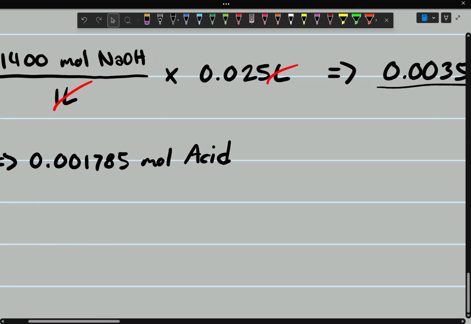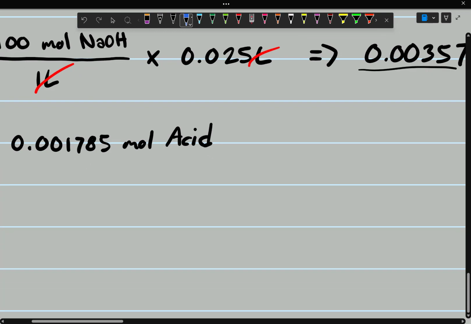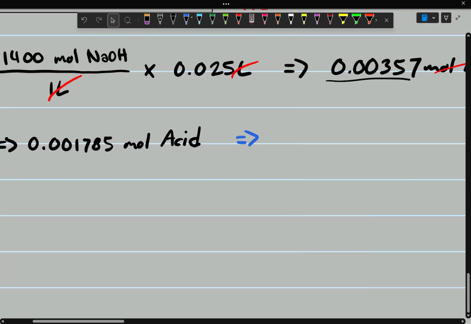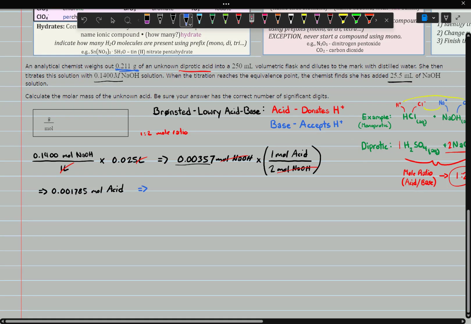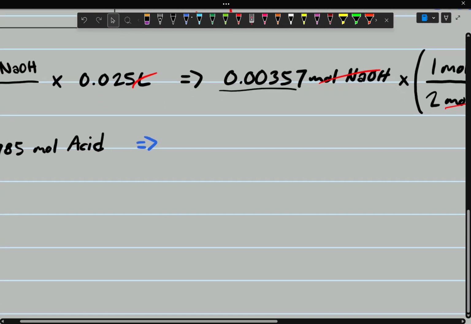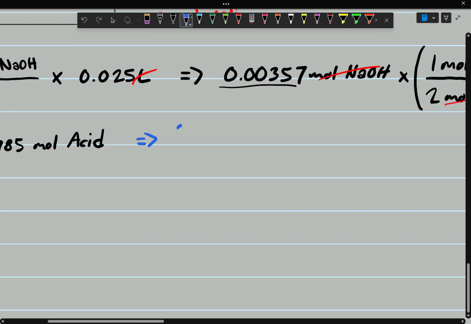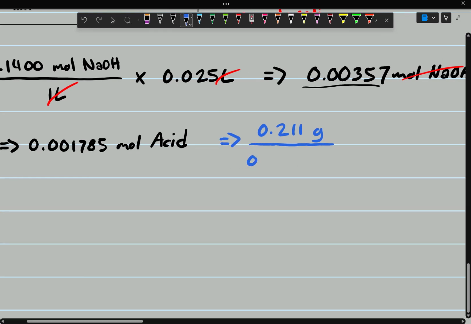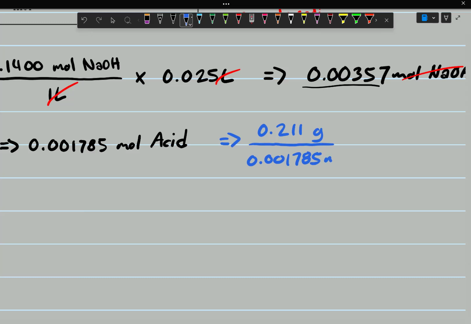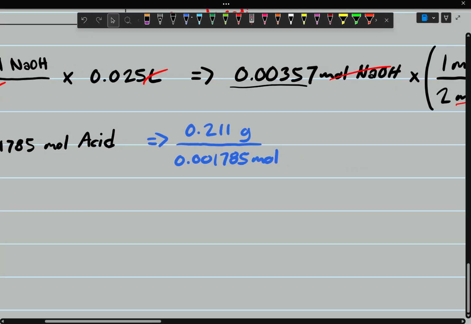And we want our molar mass, which is grams per mole. So if we take that value and divide our mass by the amount of moles, we get 0.211 grams divided by 0.001785 moles of our acid.